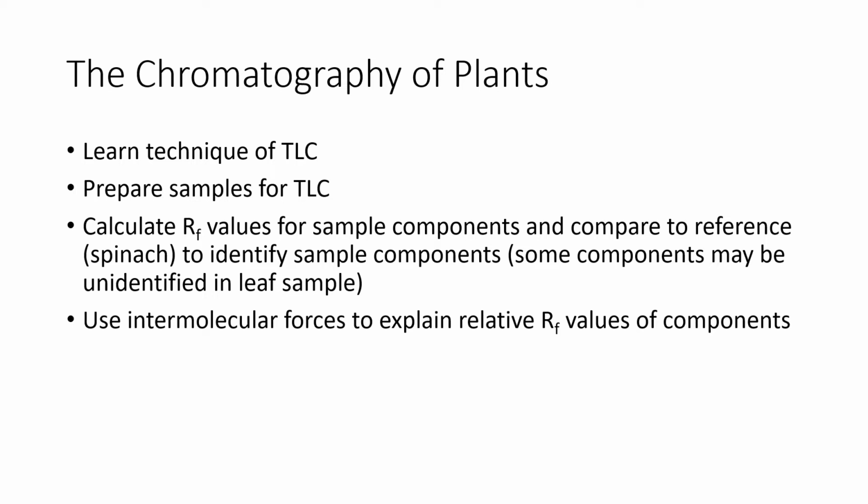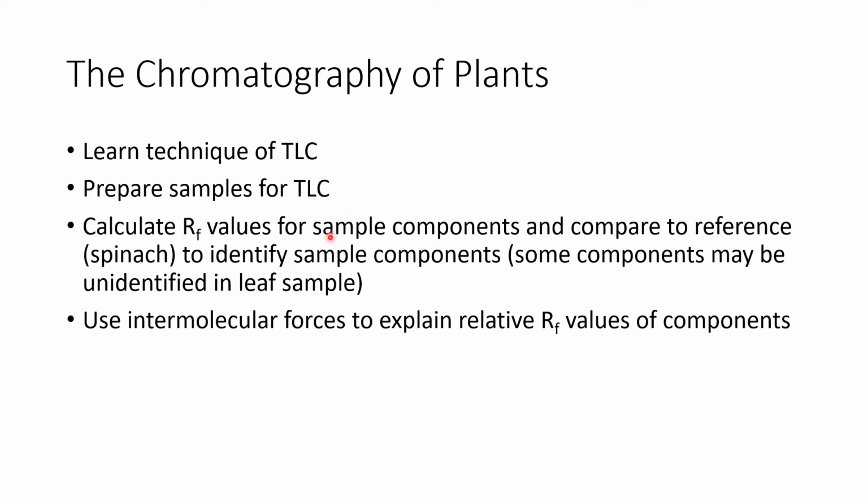The objectives of this lab: you will learn the technique of TLC and learn how to prepare samples for TLC. TLC is a type of chromatography. I will introduce chromatography a little bit more in the next few slides. Essentially, using this technique, you will be able to separate the different pigments from the tree leaves and spinach leaves.